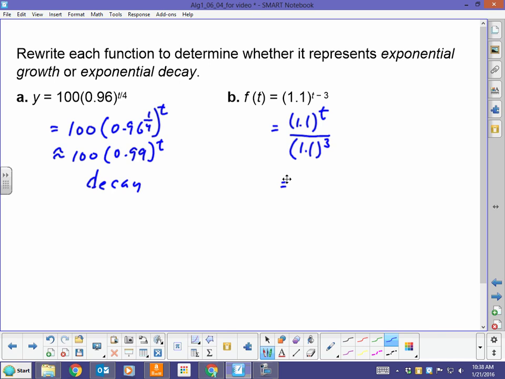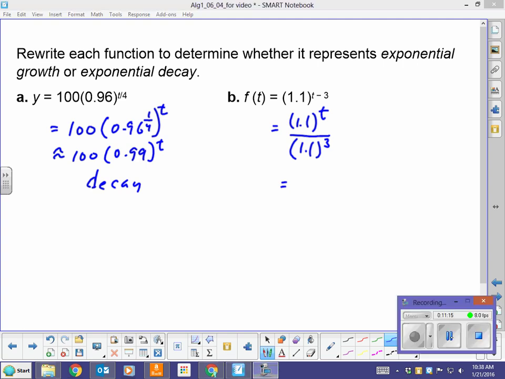And now to simplify this, I can do 1.1 to the third power. 1.1 to the third power is 1.331.